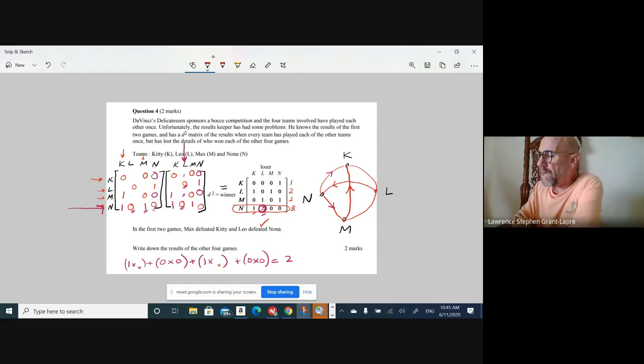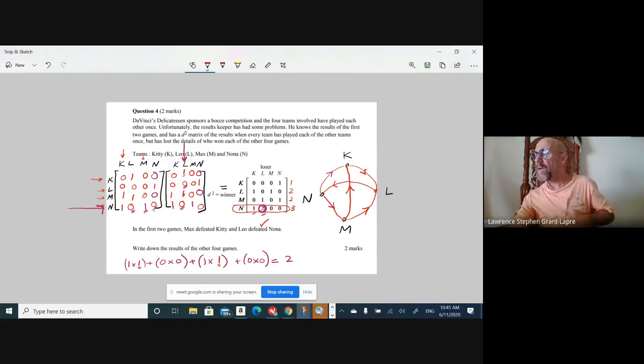For this to equal 2, we need a 1 in that position and we need a 1 in that position, which means K has to beat L and M has to beat L, and we finished. Let's just check this now. L doesn't beat K. L doesn't beat M.